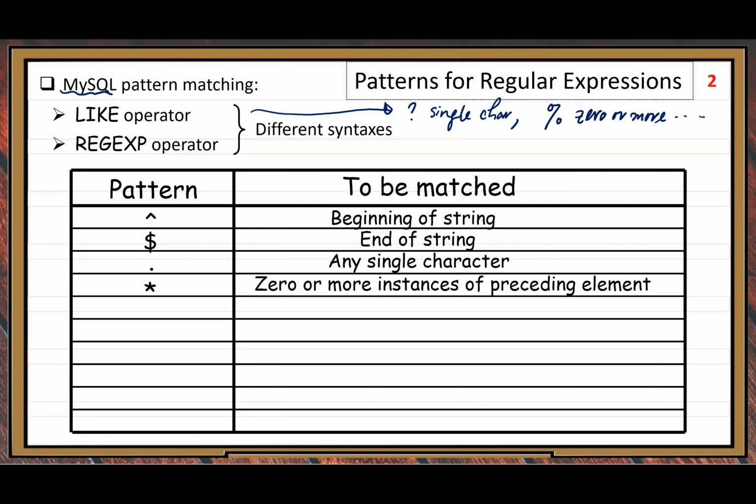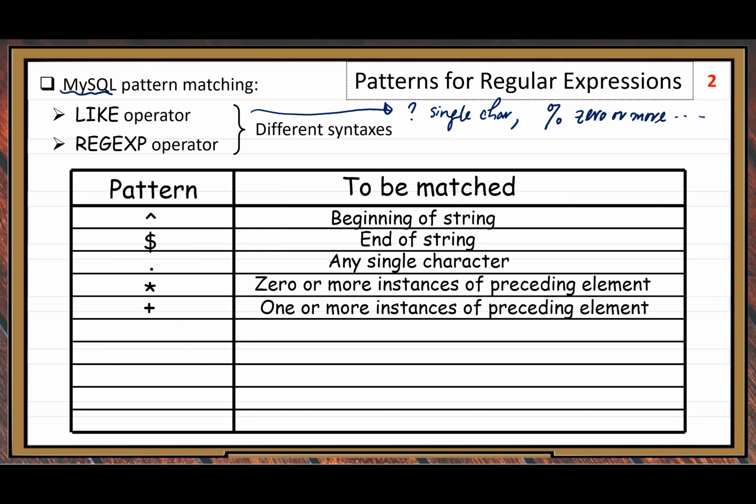Here you only need to consider the LIKE case and the REGEXP case, these 2 cases. Let me complete this slide. Then we work on many examples, because in our homework assignment, we will have quite a few questions using these pattern matching features.